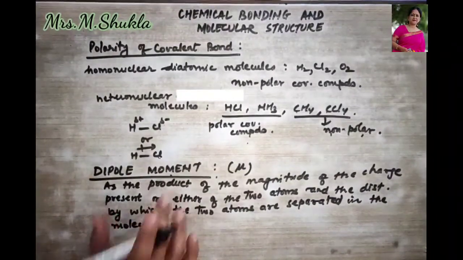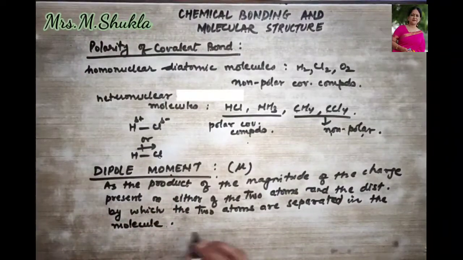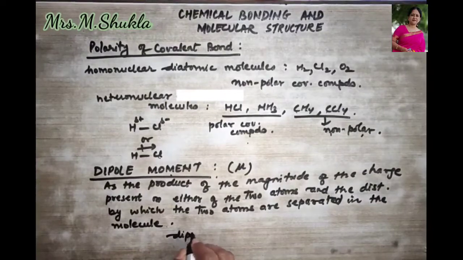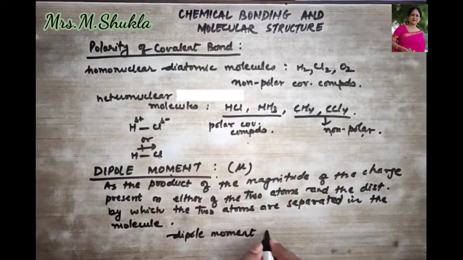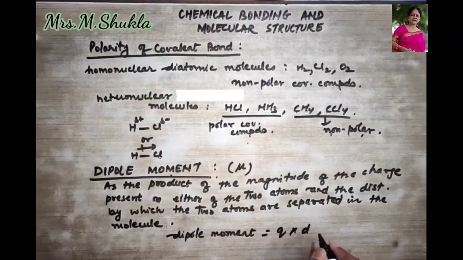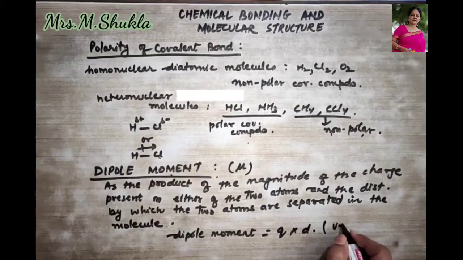This is called a dipole, and this dipole moment mu is equal to the charge into the distance, and it is a vector quantity.